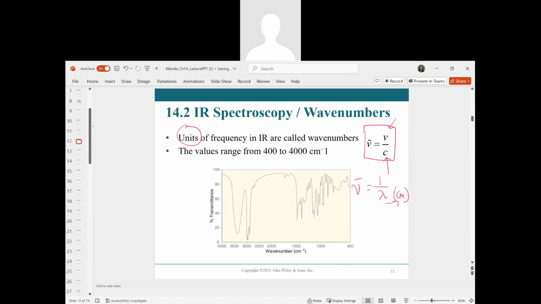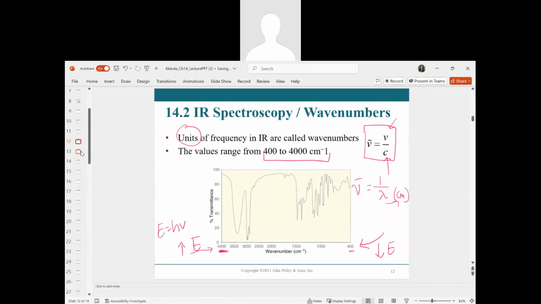So what we see here is that our values range from 400 to 4,000 reciprocal centimeters. Since we know that energy and frequency are directly proportional, this will be our highest energy over here at this wave number, and this will be our lowest energy, around 400 reciprocal centimeters. And everything in between is shown.